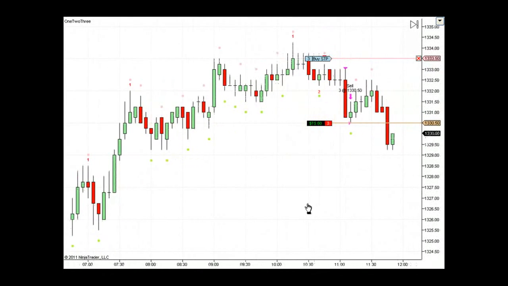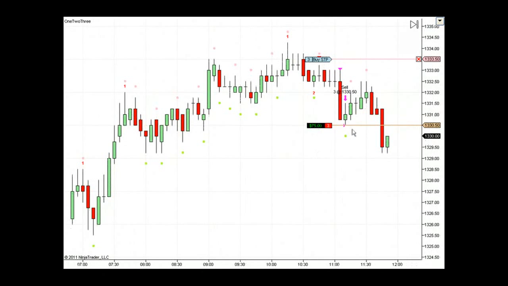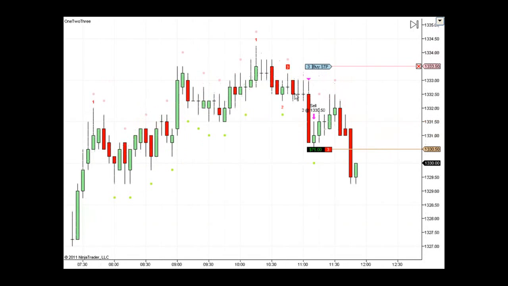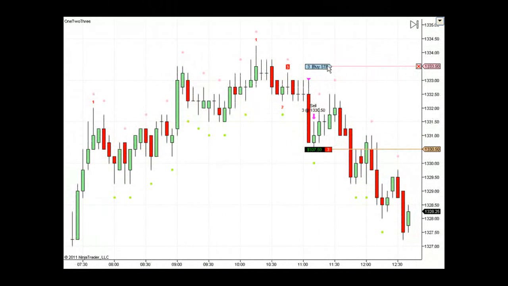Well, after moving against us for a little bit, the market has moved us into profitable territory. The 1, 2, 3 formation being a very strong topping formation. I'll forward this chart a little bit more and we'll just see how the trade completes. Okay, well, this trade is coming along quite nicely for us so far.